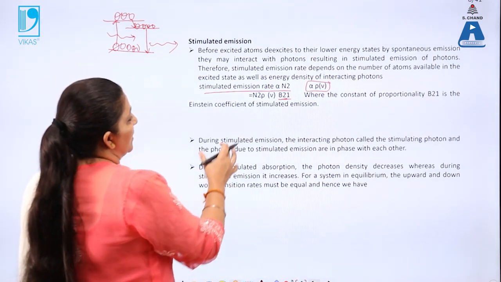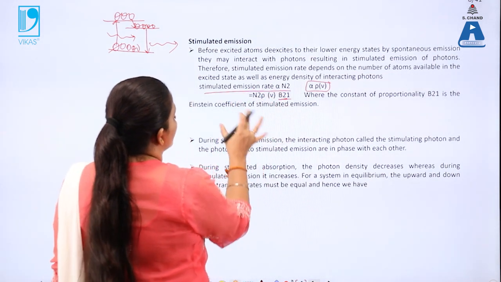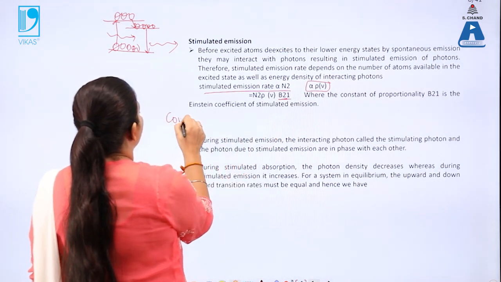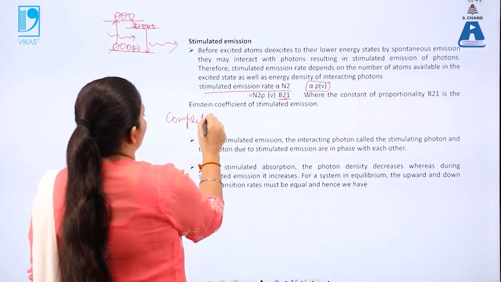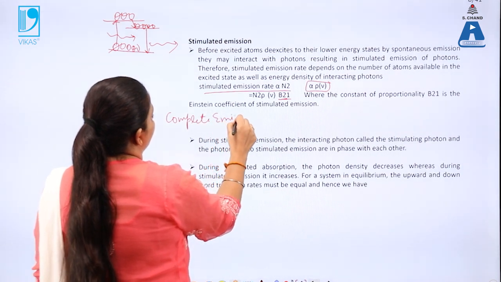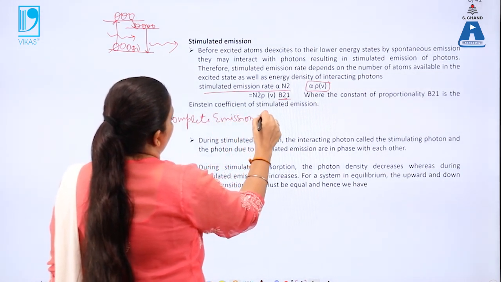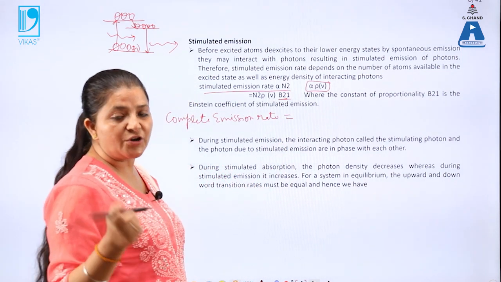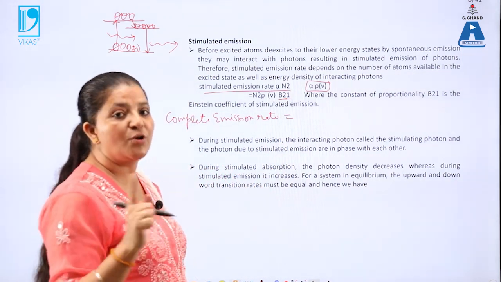So now the complete emission rate can be written like this. The complete emission rate is the combination of spontaneous emission plus stimulated emission.